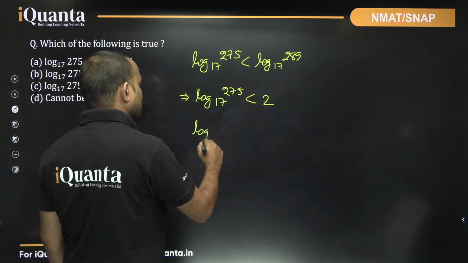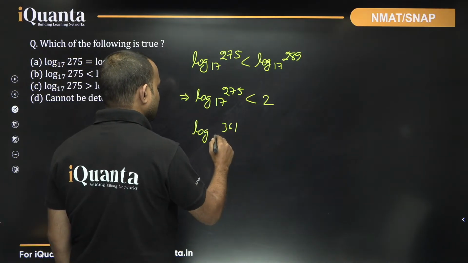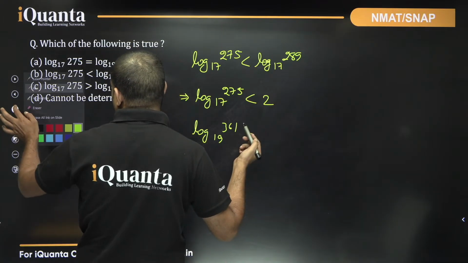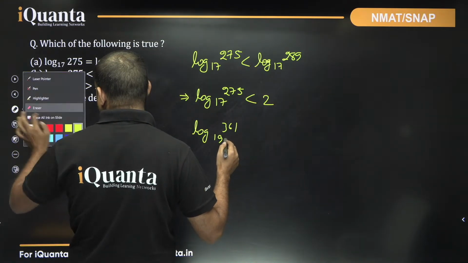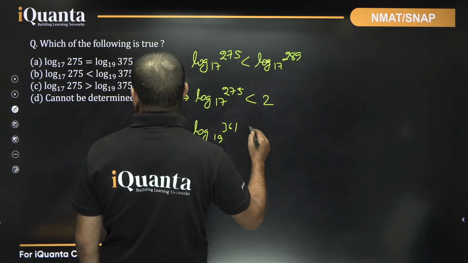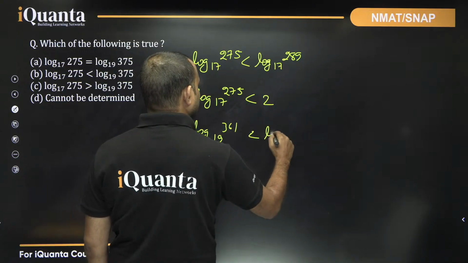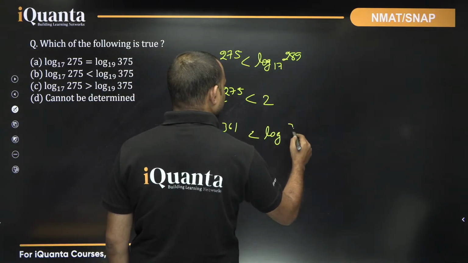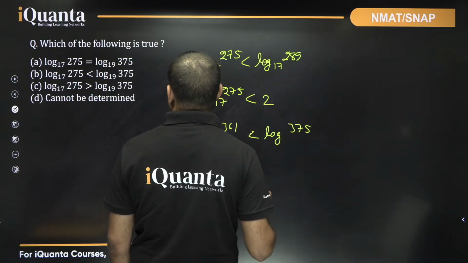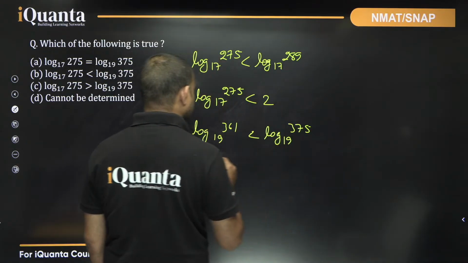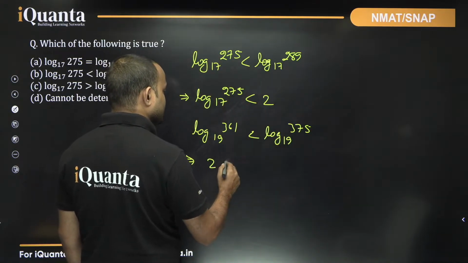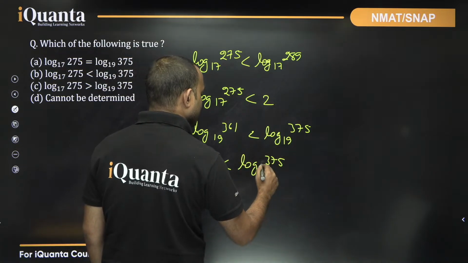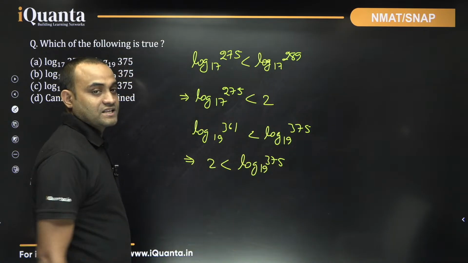Similarly, we can say log 361 to the base 19 is less than log 375 to the base 19, or we can say that log 375 to the base 19 will be greater than 2.